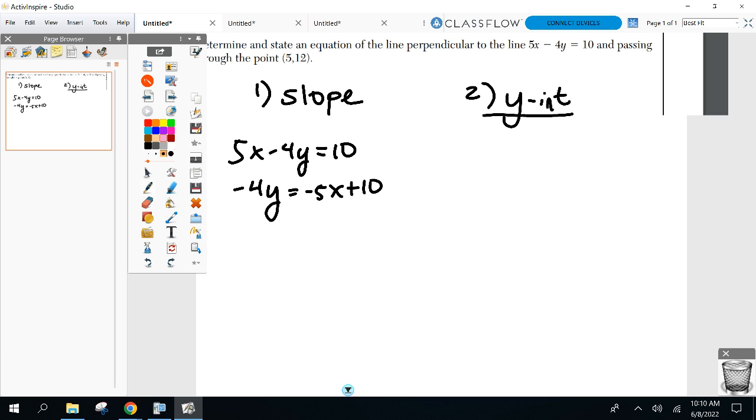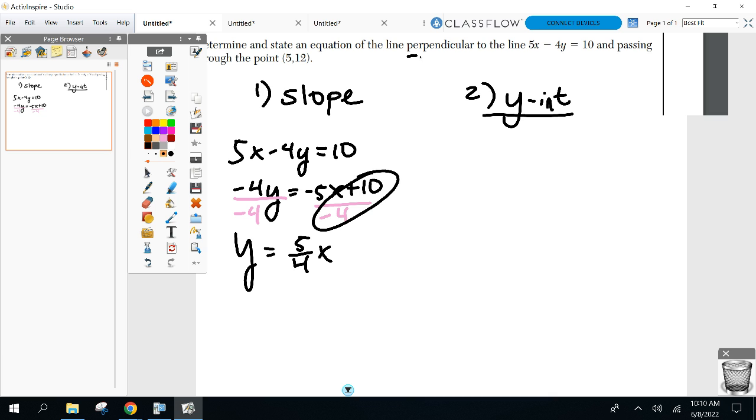Divide by negative 4. Good catch. So I get y equals, what's going to happen here? Negative 5 over negative 4 become positive, right? And then, honestly, do we really care what this is going to turn out to be? No. What we care about is right here, that's 5/4.